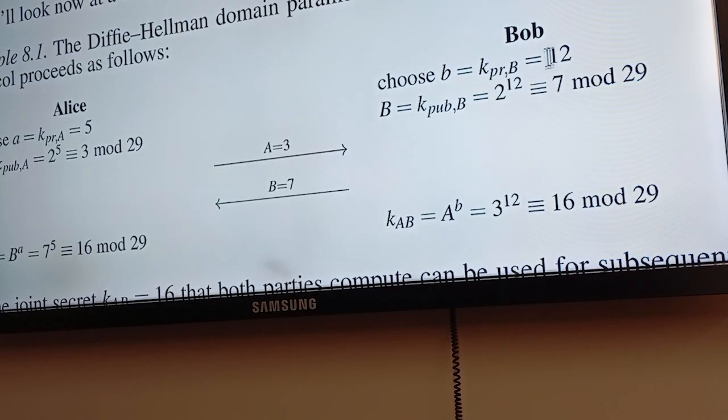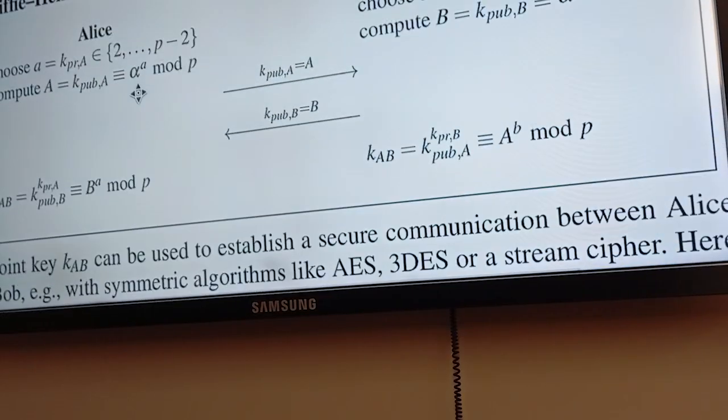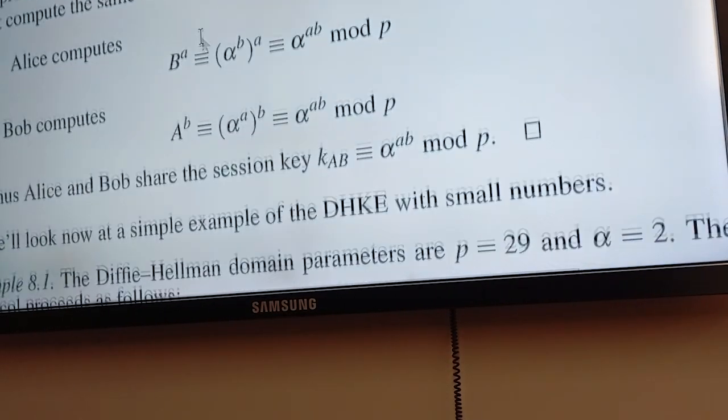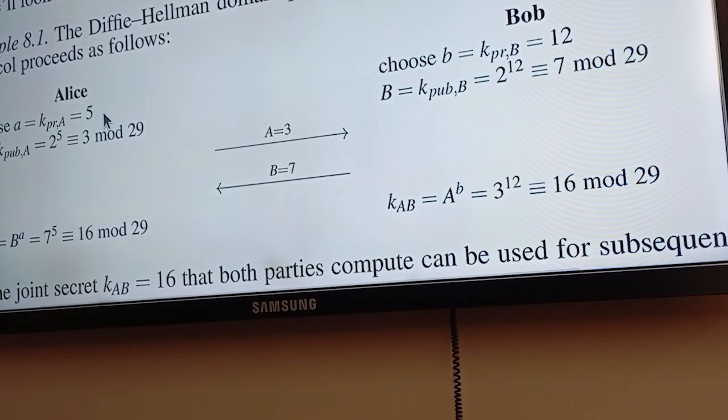You can see that 12 is not a prime number. Recall that the set is from 2 through P minus 2, so A can be 27, or A can be 10. They are all elements of that set, taking note of P.